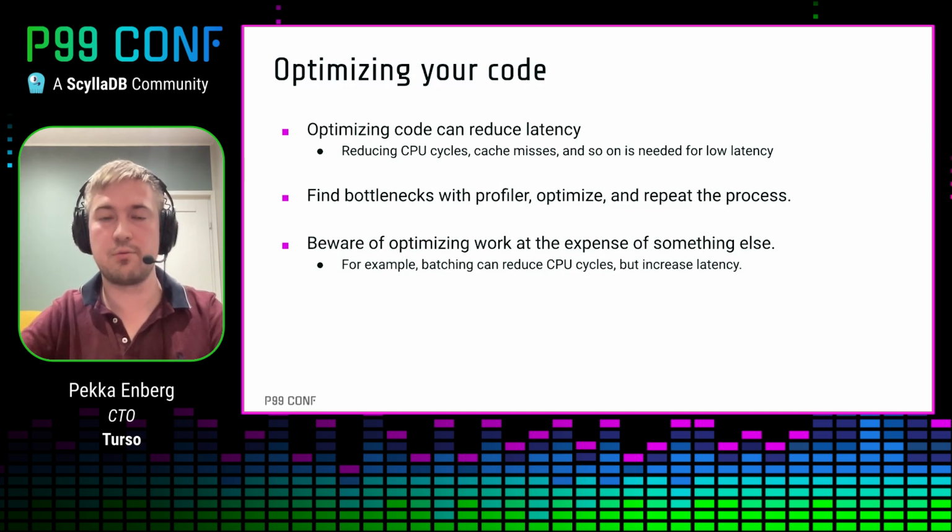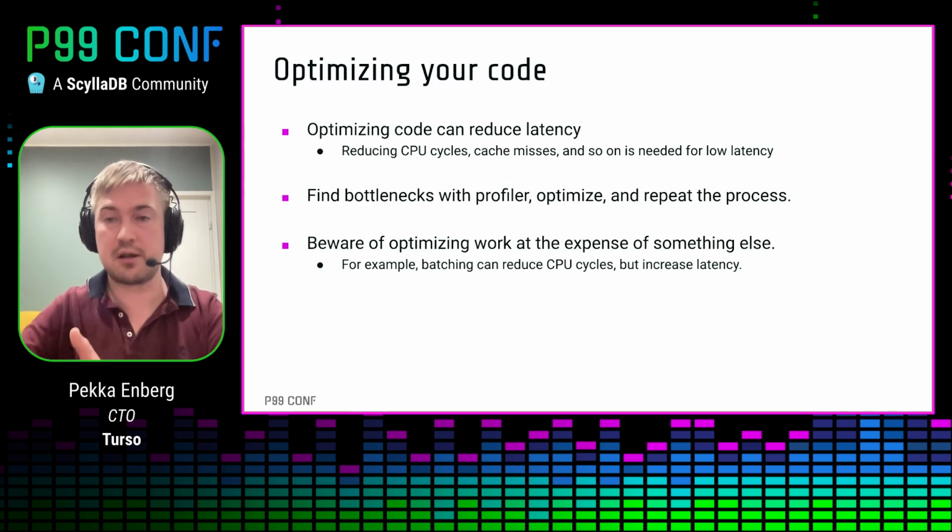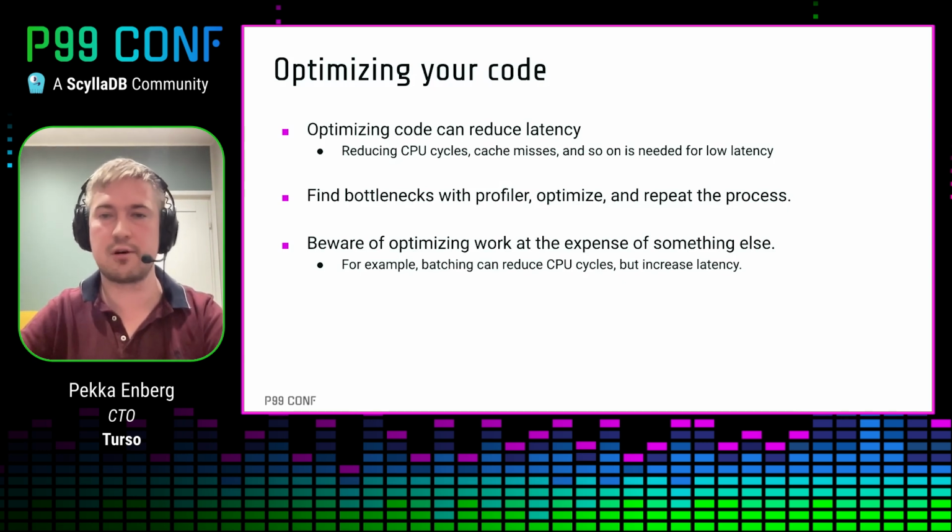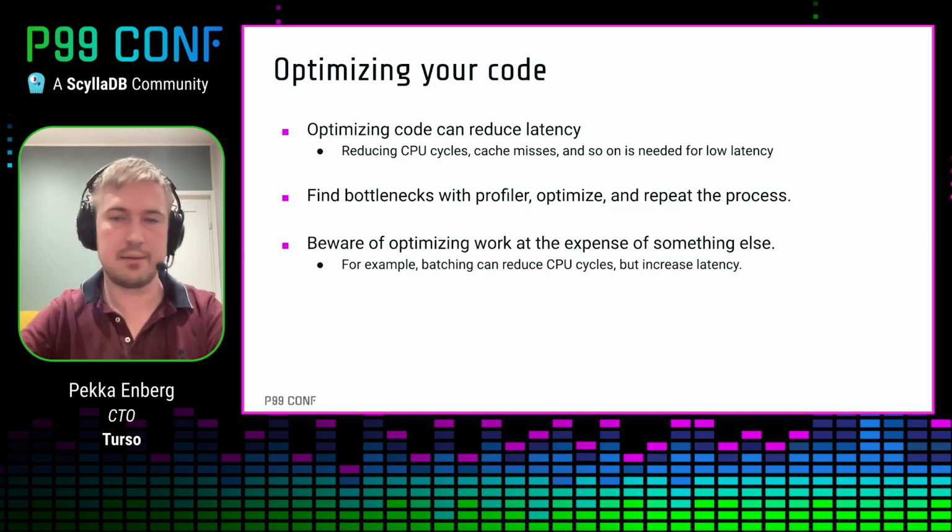But it's also worth remembering that when you're optimizing the code to reduce work, avoid doing that at the expense of latency, right? So for example, batching can reduce CPU cycles, because you can amortize the costs. But batching can also increase latency, because now you're potentially waiting for a longer time to actually move the work further in a processing pipeline, for example.